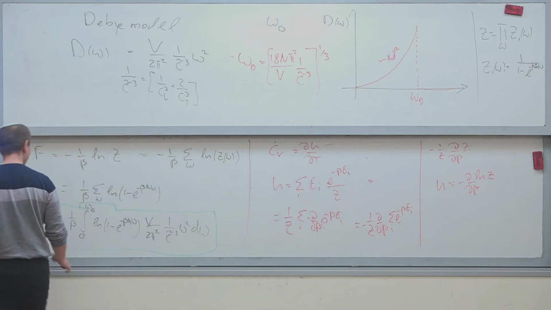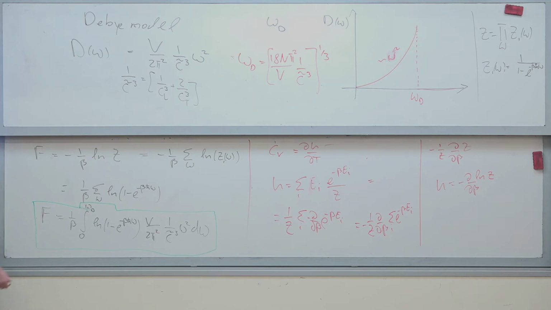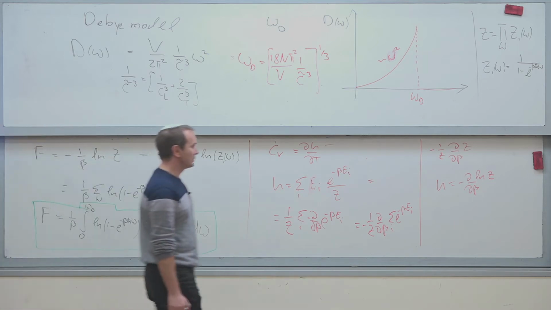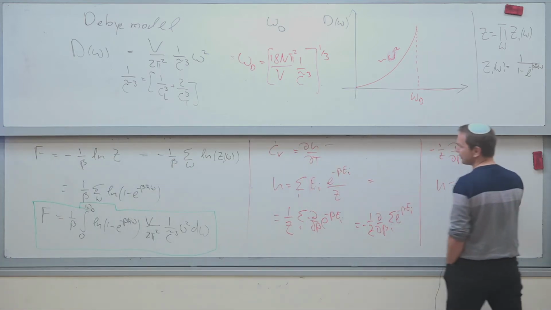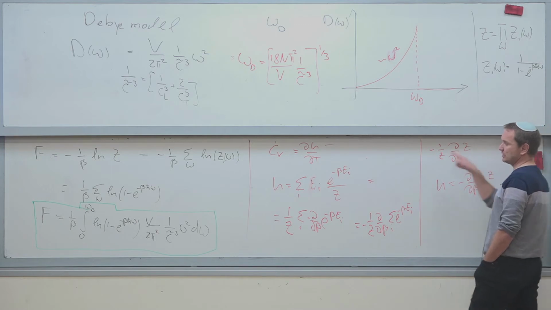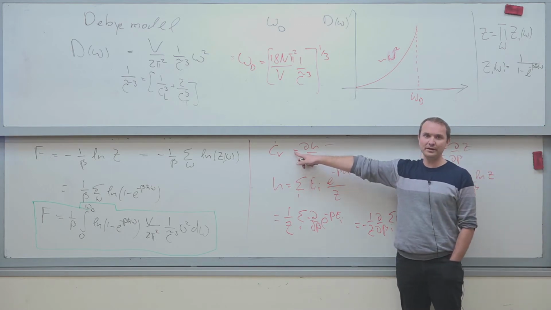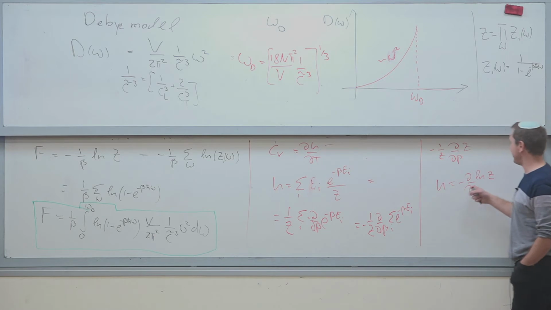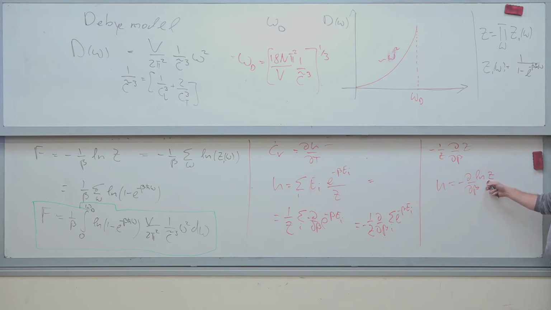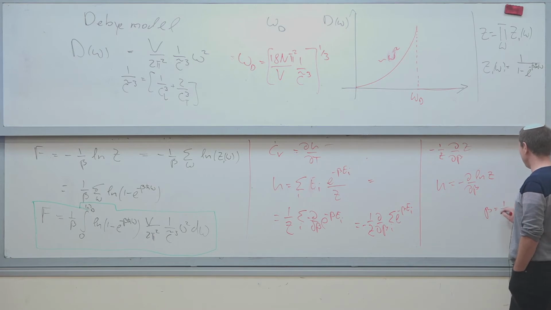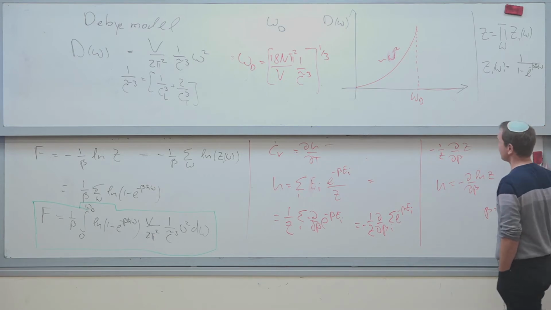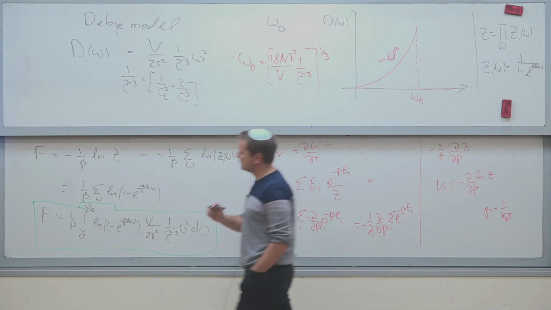This is the same way I obtain the free energy. Now, if I want to compute the specific heat, which is a measurable quantity in experiment, I need only to take the derivative with respect to T of this. Remember, beta is 1 over k Boltzmann T. So everything is nice.